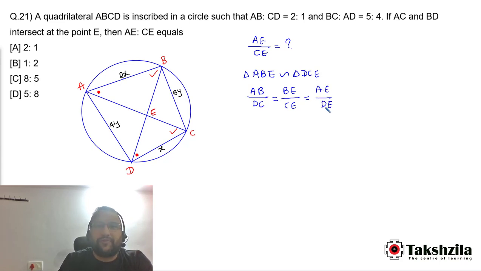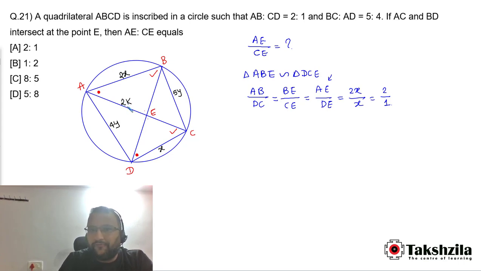So from this we can conclude the length of AB is 2x and the length of DC is equal to x. It means 2x divided by x. This ratio is going to be 2 divided by 1. So the ratio of AE and DE is 2:1. We want AE over here. So let's write the length of AE as 2 times k.